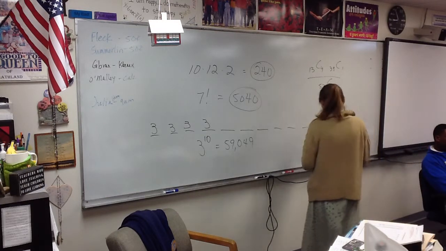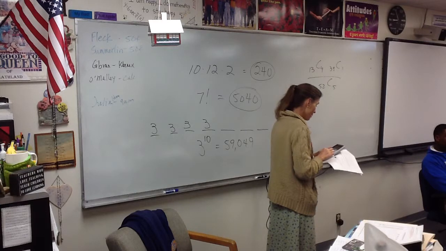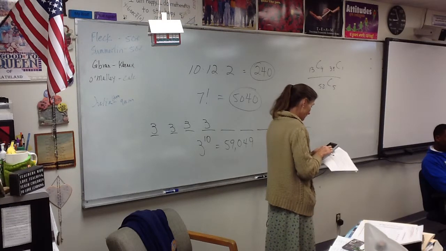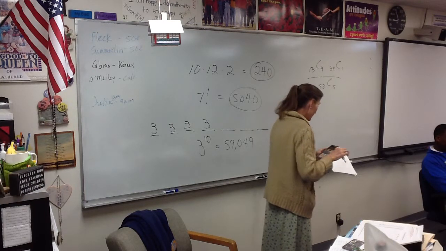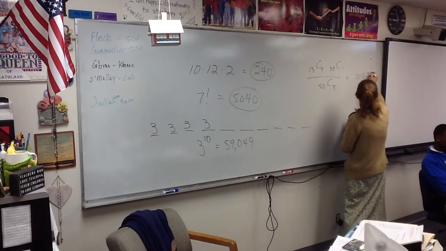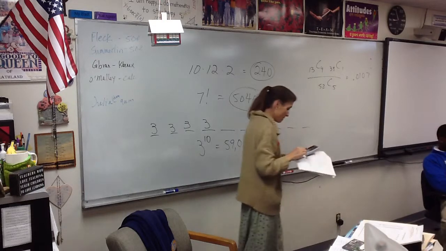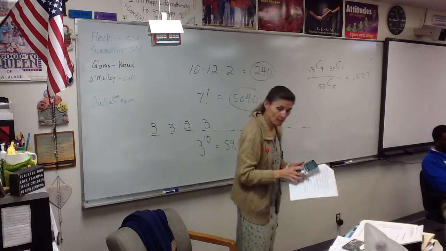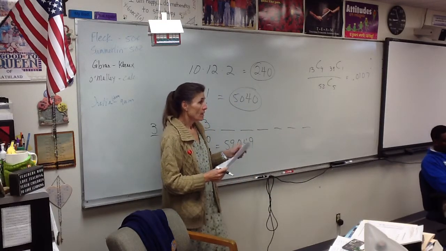So 13C4... In terms of a decimal, I got .0107. Did you? And it doesn't want to make it a fraction for me, so I'll just stick with that. Okay.